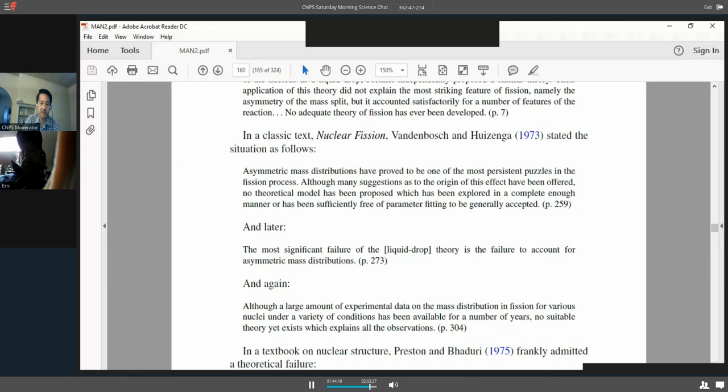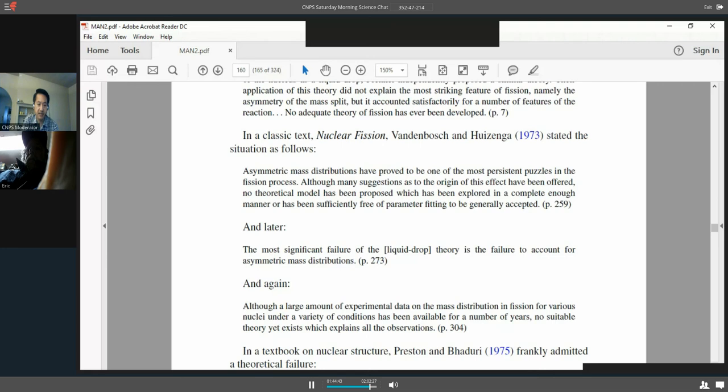And as they quote here, it says asymmetric mass distributions have proved to be one of the most persistent puzzles in the fission process. Although many suggestions as to the origin of the effect have been offered, no theoretical model has been proposed which has been explored in a complete enough manner or has been sufficiently free of parameter fitting to be generally accepted.